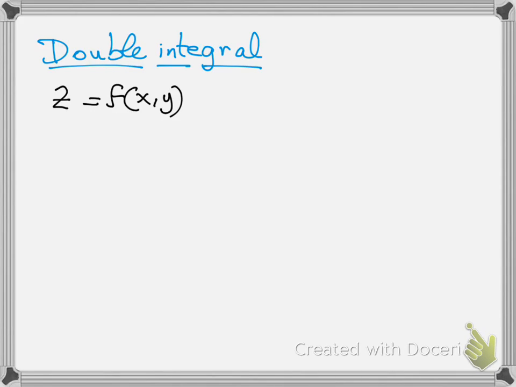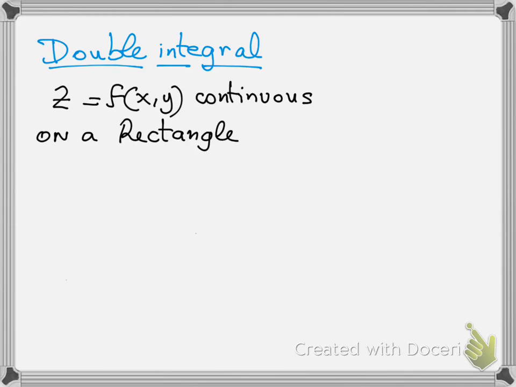Let's say this function f of x, y is continuous on a rectangle [a, b] cross [c, d]. Okay, and suppose that this function f is positive or 0.